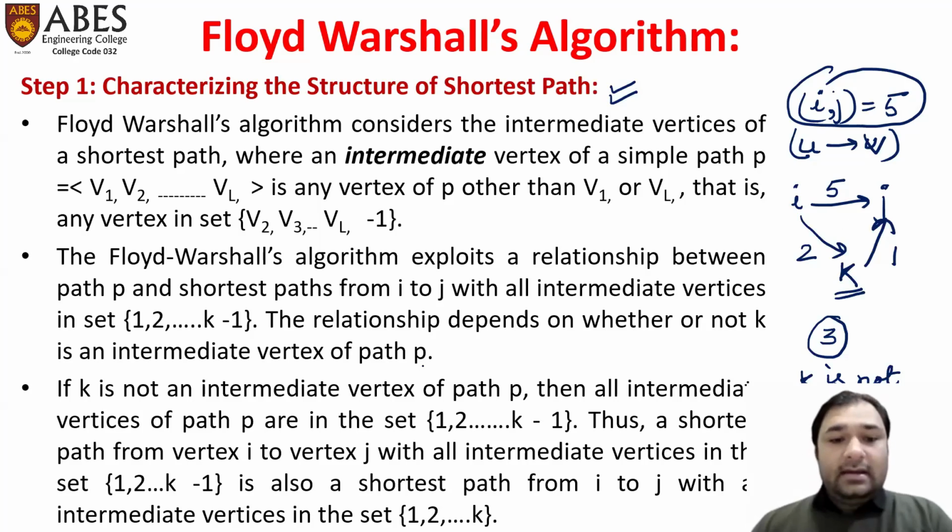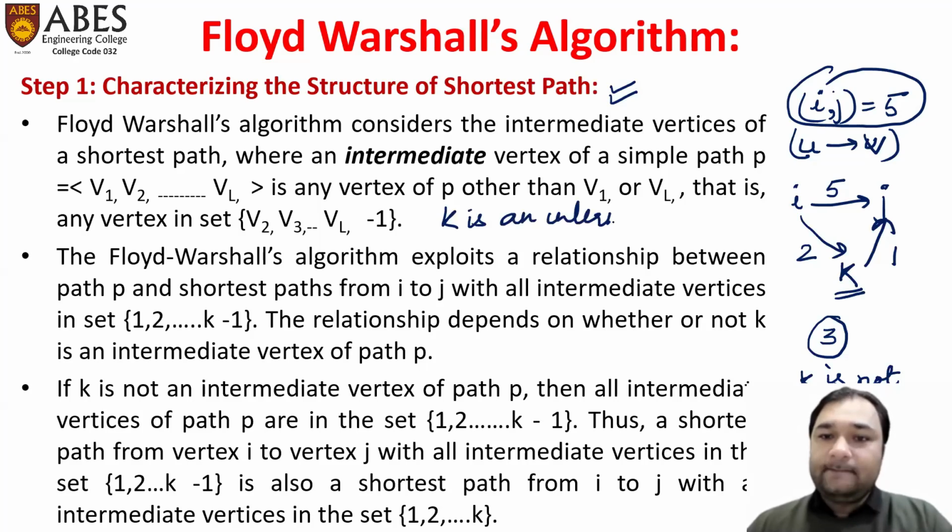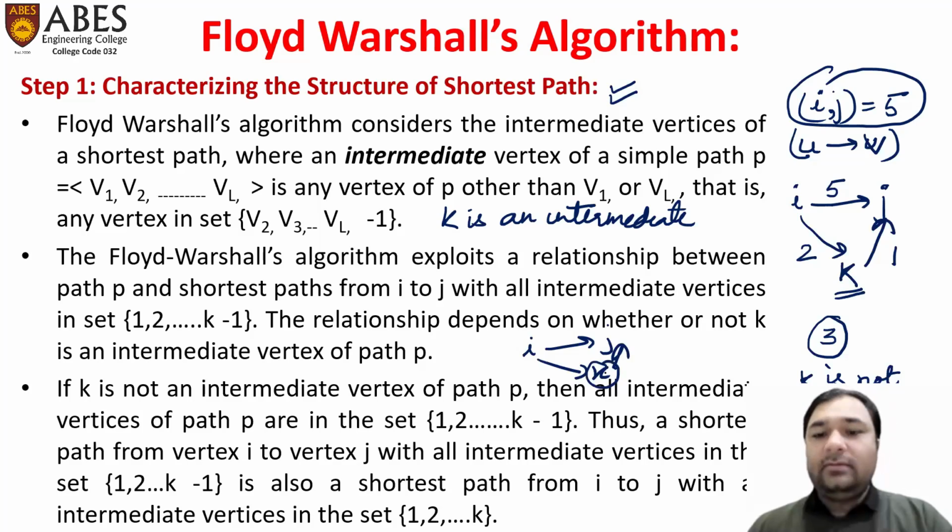If K is an intermediate vertex, then we see I to K and K to J, and K must be using a shortest path through this. So we will record K because we are reaching J with the help of K.